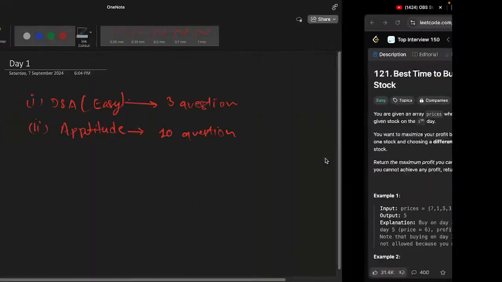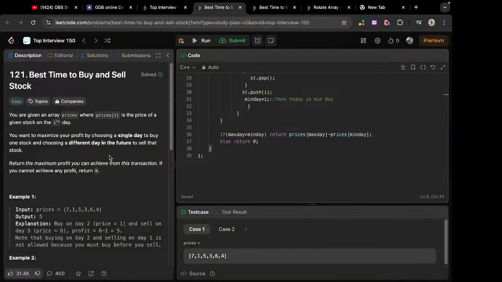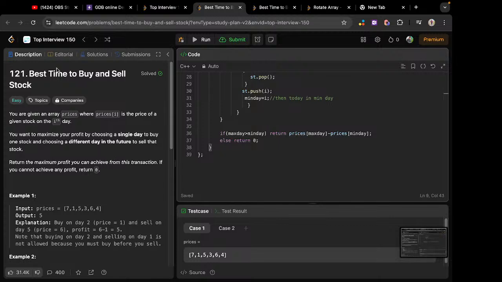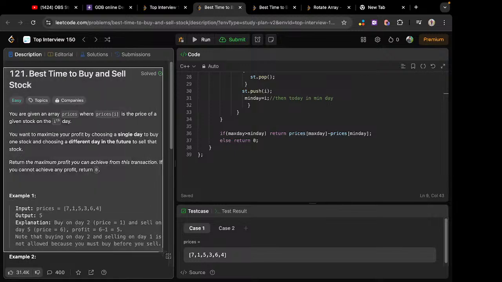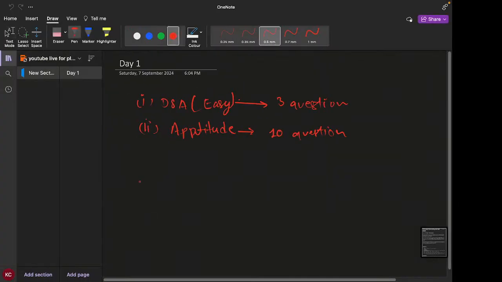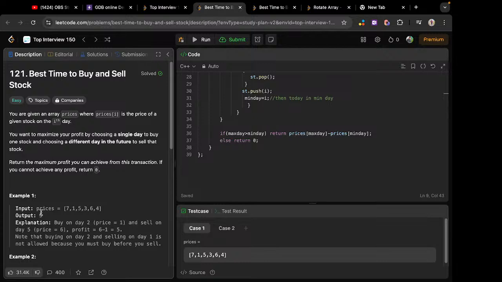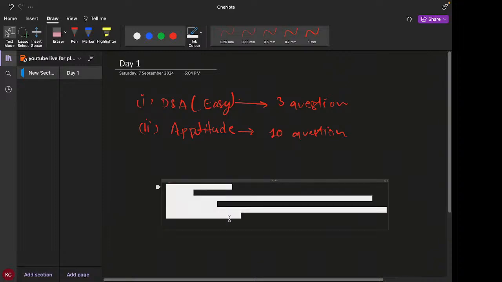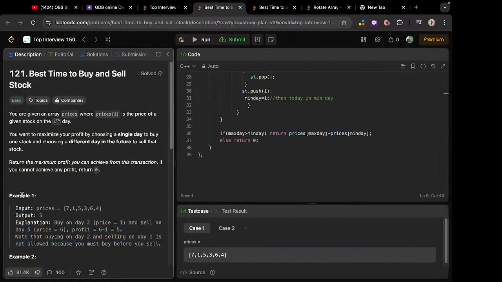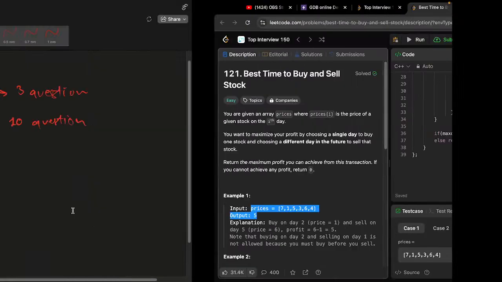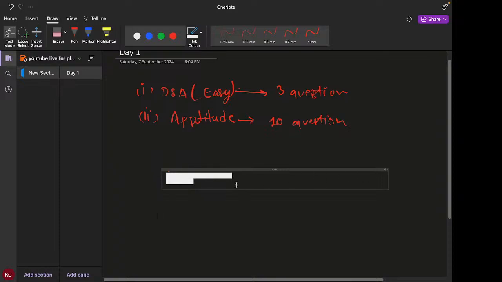Let me explain what I'm doing here. If I take the screenshot of this, it is irritating.